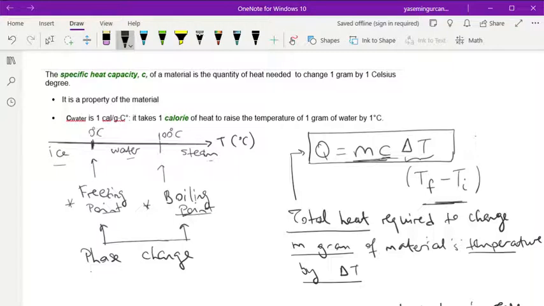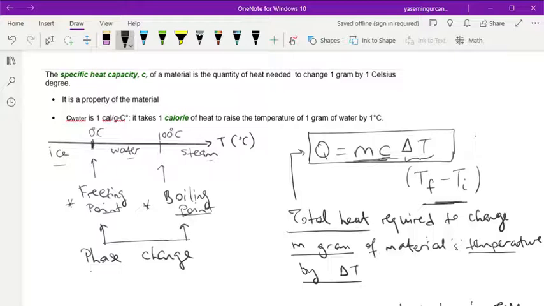This formula gives you the total heat required to change m gram of material's temperature by delta T degree. The definition of specific heat capacity, which in short is called specific heat, basically if you drop the capacity bar, is the quantity of heat needed to change 1 gram of material by 1 Celsius degree. So if C is for 1 gram and 1 Celsius change, then if you have m gram of that material, you need to multiply C with m, right?